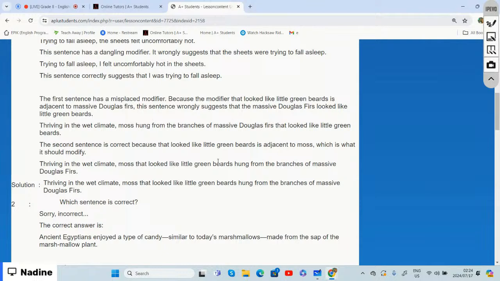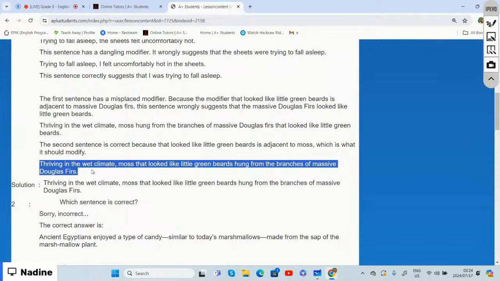And the second sentence is correct because that looked like little green beards is adjacent to moss, which is what it should modify. So the second sentence says, thriving in wet climate, moss that looked like little green beards hung from the branches of massive Douglas firs.